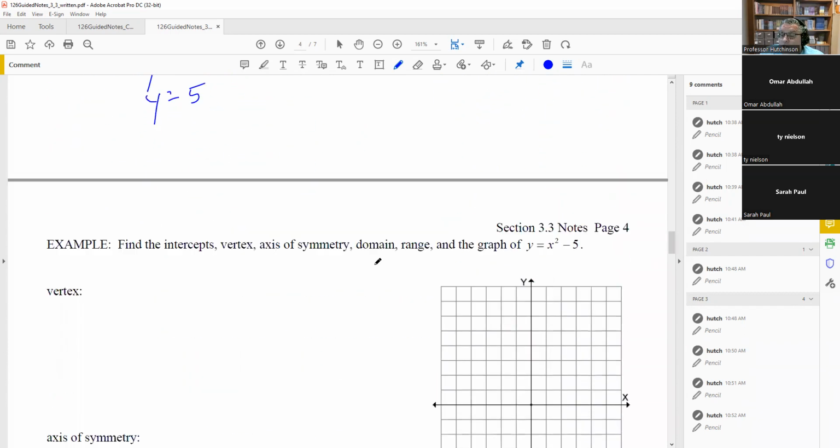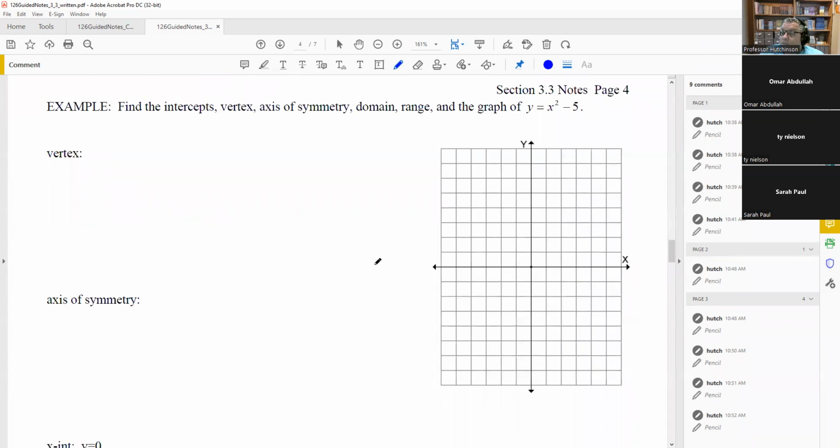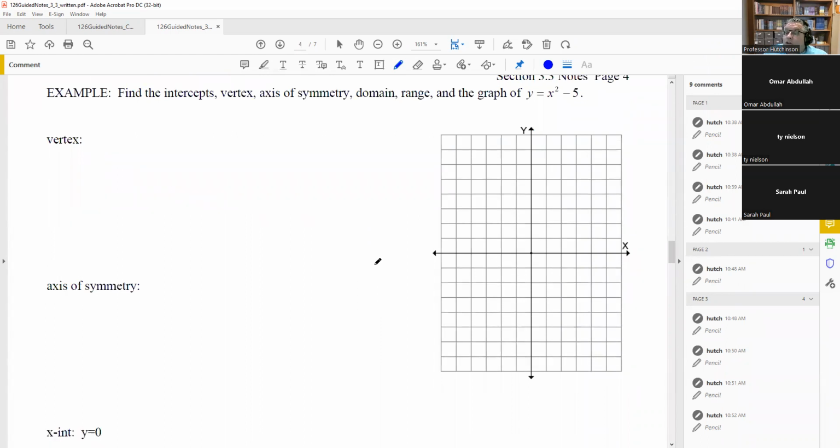So let's move on to a couple more graphing questions. The next one we're going to do is y equals x squared minus 5. For this one, we're going to do the vertex.